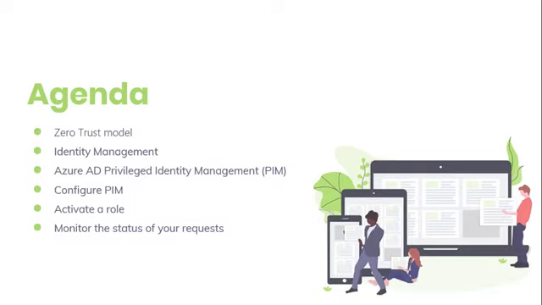The perimeter defense is no longer the focus of security professionals. Modern organizations have to support access to data and services as evenly from inside the corporate firewall and outside it. Here is today's agenda.